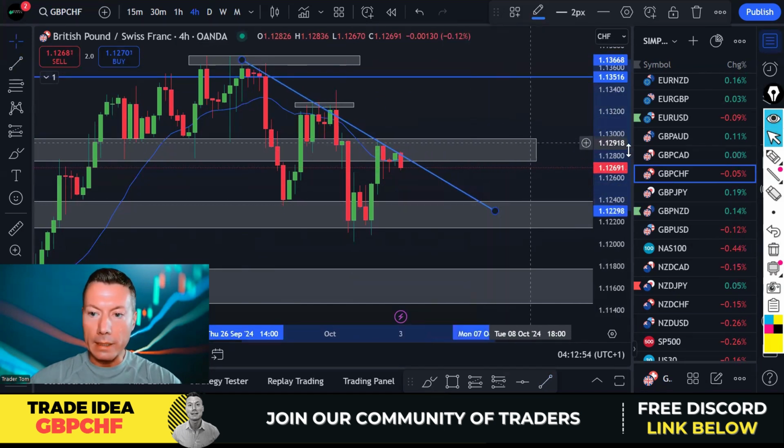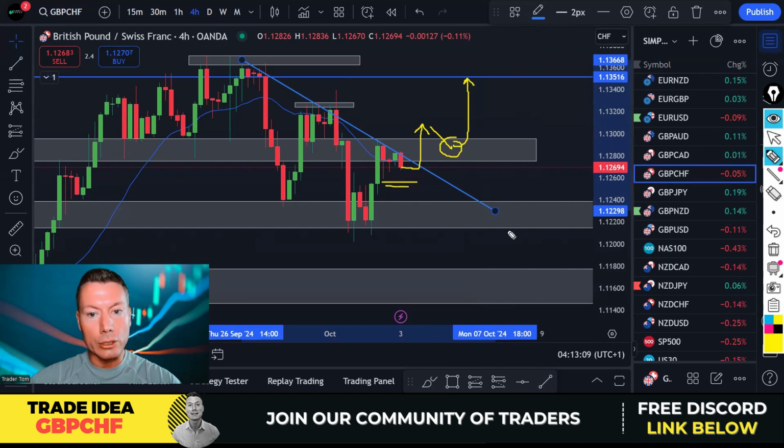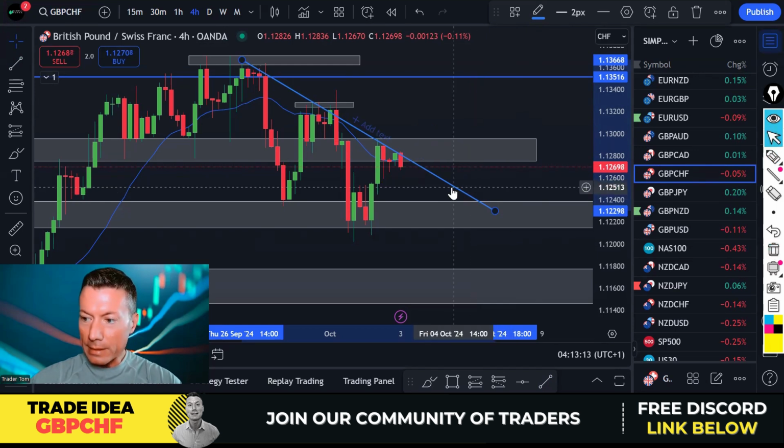All I want to see is price break through this level. So if we get a nice bullish candle break through this level, maybe a bit of a retrace, I will start buying in here and take price back up to here and hide below this last H4 swing low. So Pound Swiss franc buys.